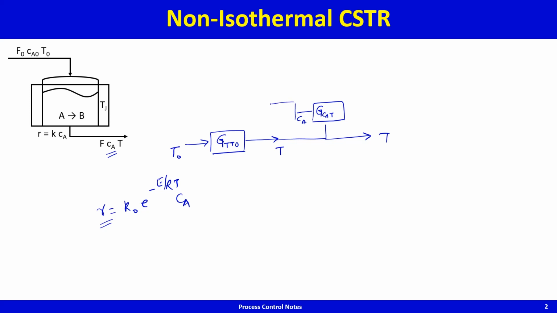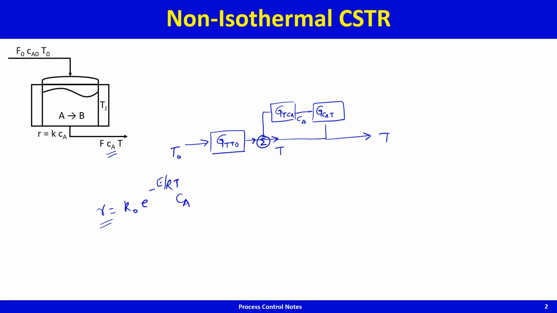So you'll have a transfer function that causes T to change due to a change in Ca. So this G T Ca is the effect on T of change in Ca, and because this is affecting T, this is going to add up here. You see, so you've got this feedback loop in there.